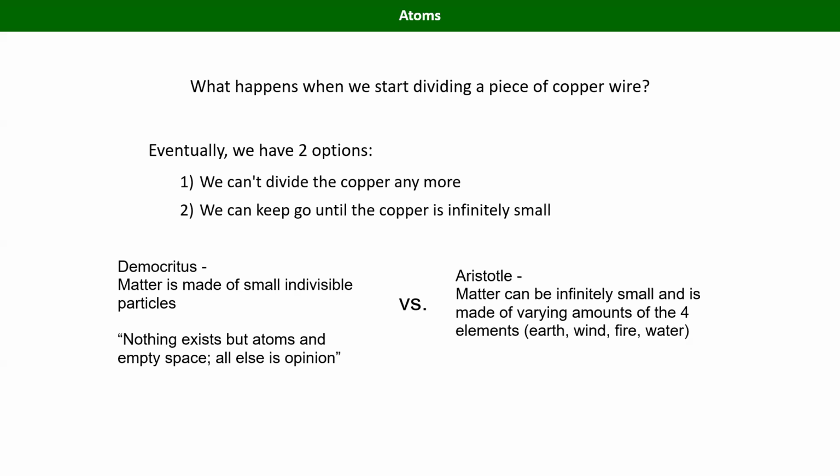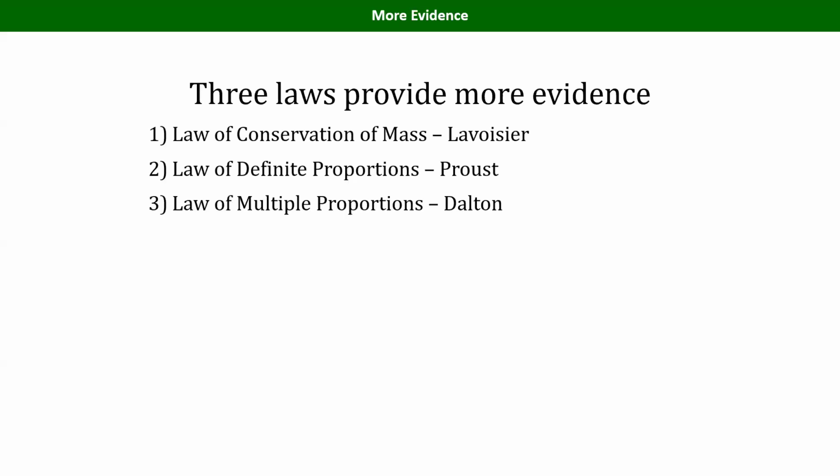So fast forward several thousand years to the Enlightenment, and they started coming up with ways that they could actually test some of these ideas. In particular, there were three scientific laws that they had discovered during the Enlightenment that allowed them to decide between these two ideas.